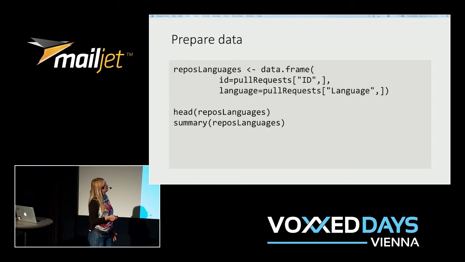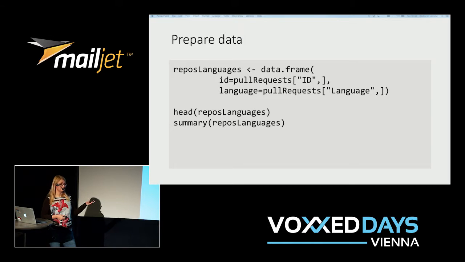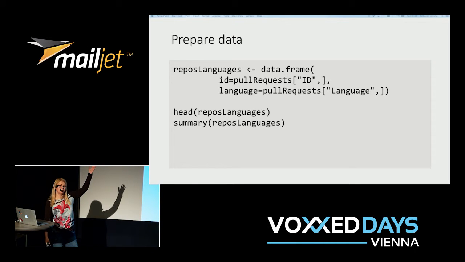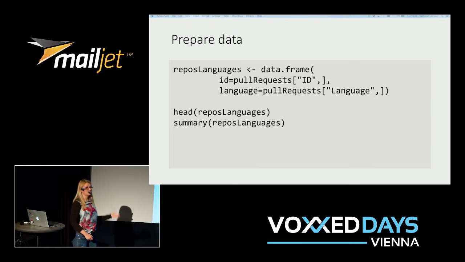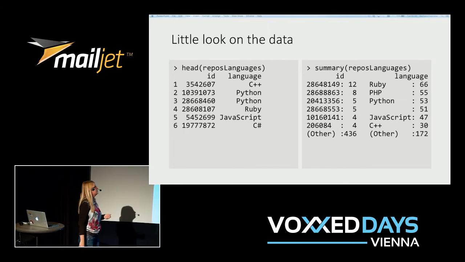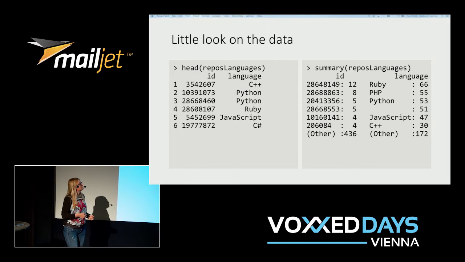You can just name the columns of your pull requests, and this way we have our data frame. We can look at the head because it has around 500 elements, so we probably won't be able to look at all of them, and we can run summary. So the head of our data frame of ID and language looks like this, and summary looks like this.